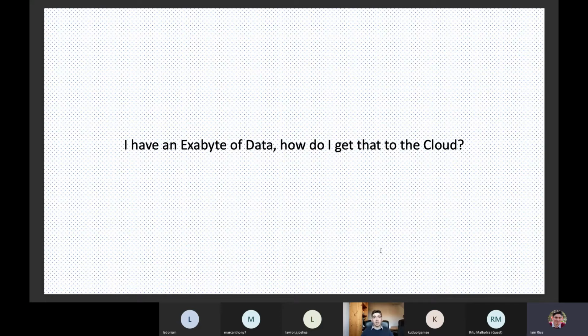So if you had an exabyte of data, say you were Facebook, and you collected and stored offline all of the information about every person that's ever done anything on Facebook, plus what they've looked at, plus what Facebook has heard in the background whilst people have been talking with the Facebook app open, or what it's seeing, the adverts, the potential things that they're going to do, the information about all their employees. What if they just wanted to do an entire backup of Facebook? That might be an exabyte of data. How would they get that to the cloud?